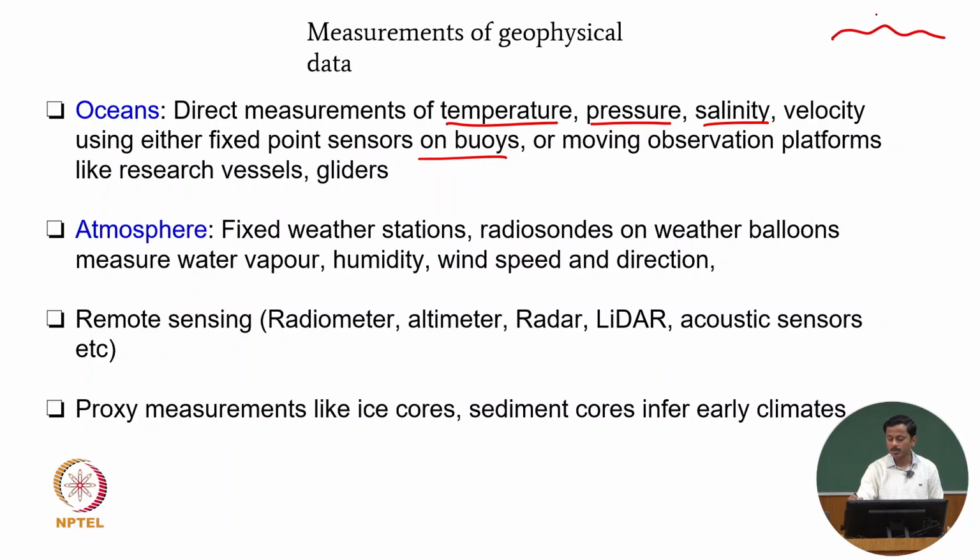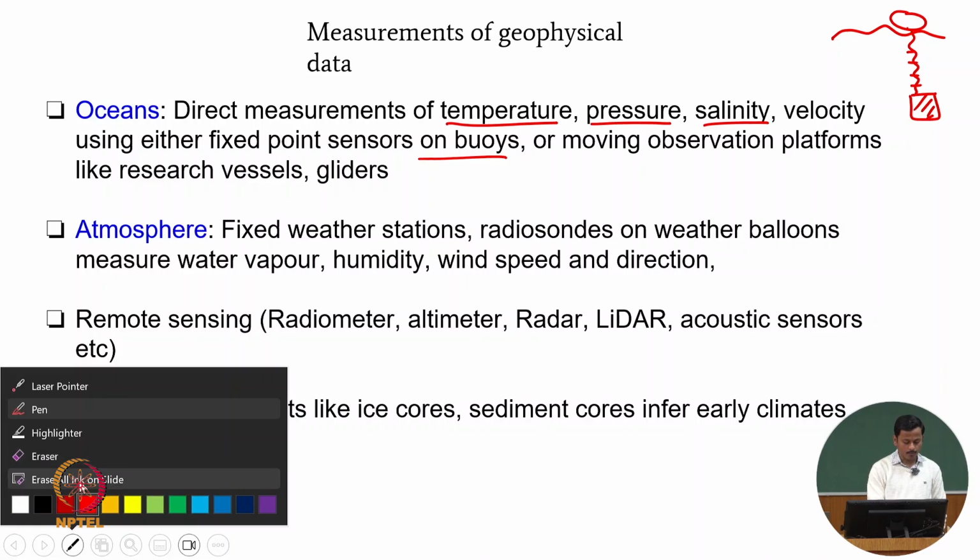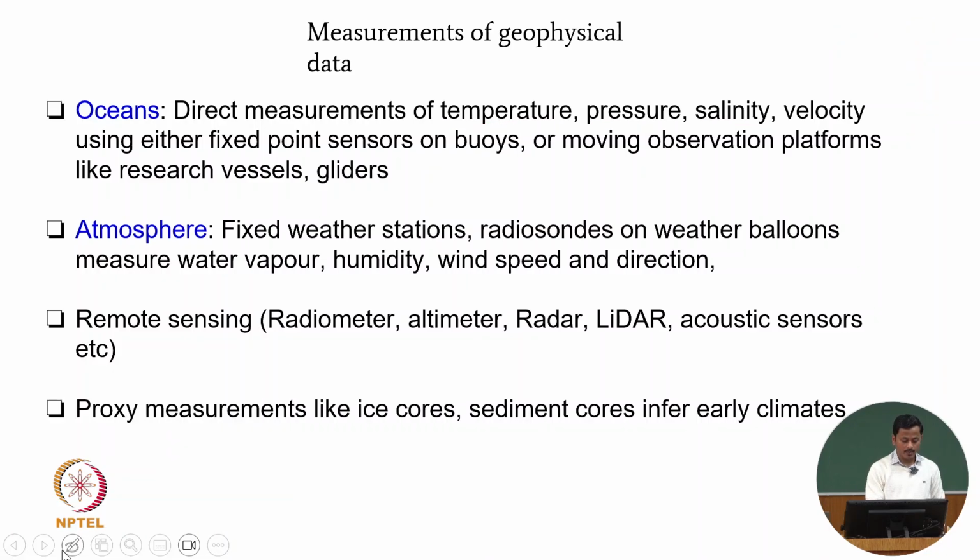For example, if there is the ocean surface, there's a floating body, and there are instruments on a string, and this is attached to a deadweight at the bottom of the ocean. So we can have temperature, pressure, other properties measured.